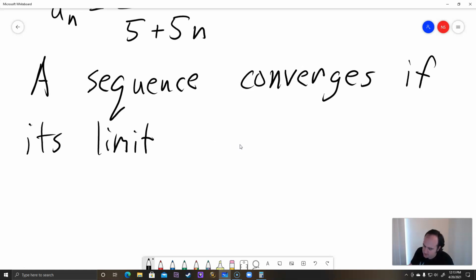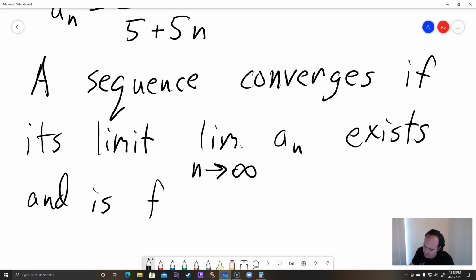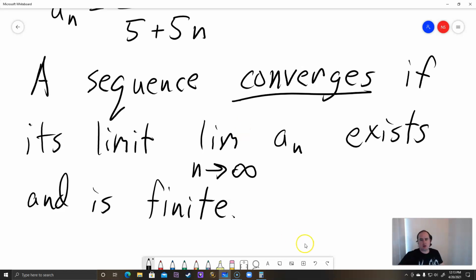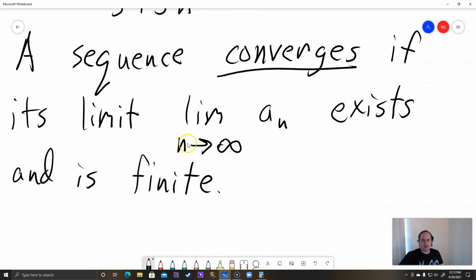So if the limit as n goes to infinity of a sub n exists and is finite.